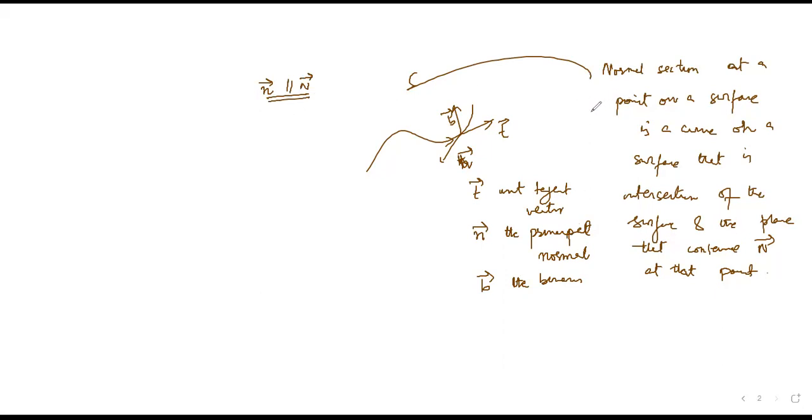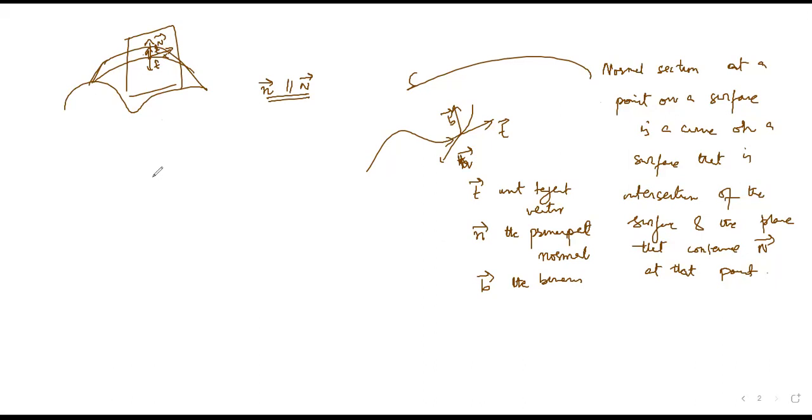So that's rather obvious मुझे लगता है, क्योंकि अगर तुम्हारे पास कोई curve है और इसका एक normal section है, it would lie inside a plane which contains N. Of course, अगर ये tangent होगा इस point पे यहाँ पे, depending upon the orientation of the curve का जो आपने parameterize कैसे किया है. So t या तो इस direction में होगा या फिर इसी direction में होगा. In any case, it would be parallel to the big N, the surface normal at that point.